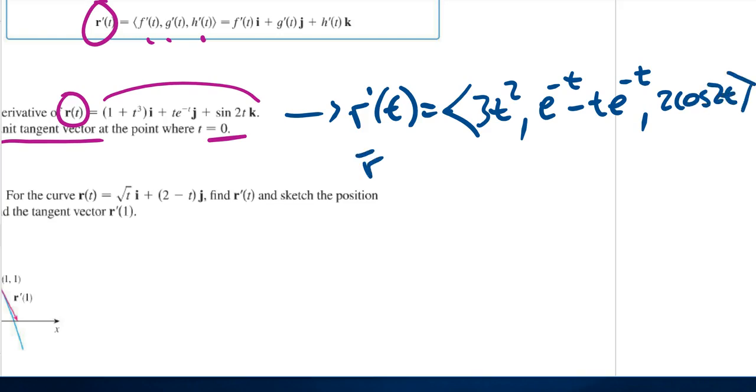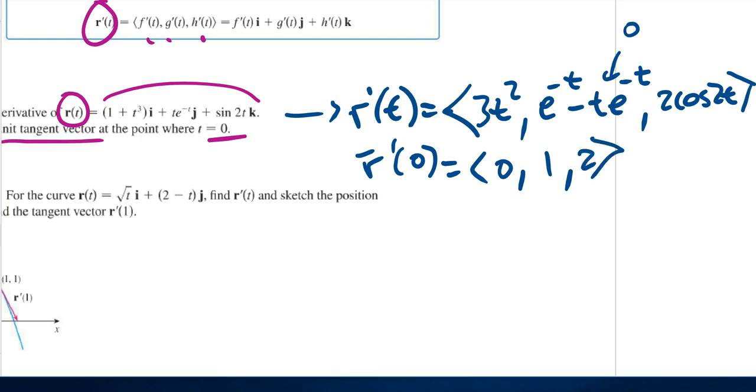Now r prime of 0: 0, e to the 0 is 1, this turns out to be 1, and then cosine of 0 is 1, so this is 2. So that's r prime of 0.